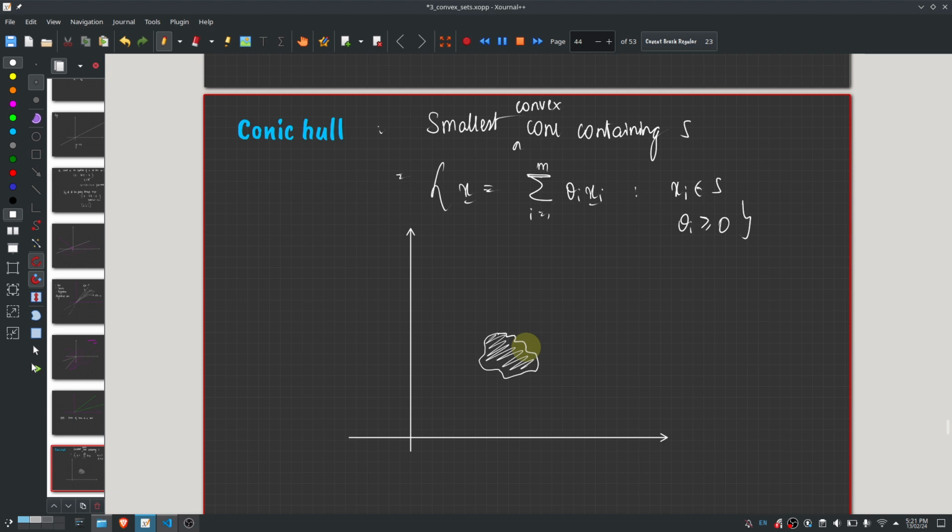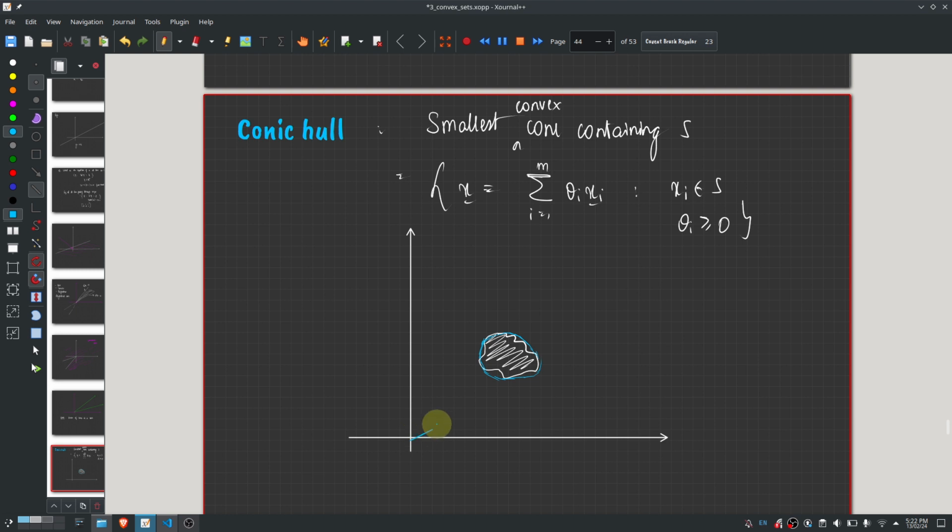What would be the convex hull of this particular set? I mean, it's difficult to describe it, but if you just sort of smoothed this out, this is what the convex hull would kind of look like. What would the conic hull look like? Correct.